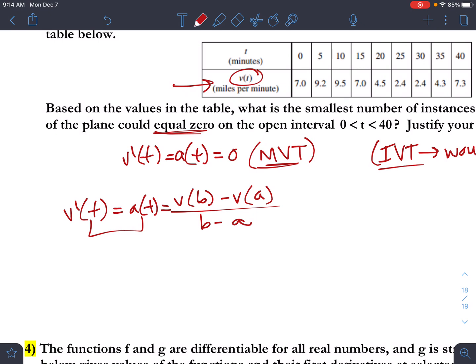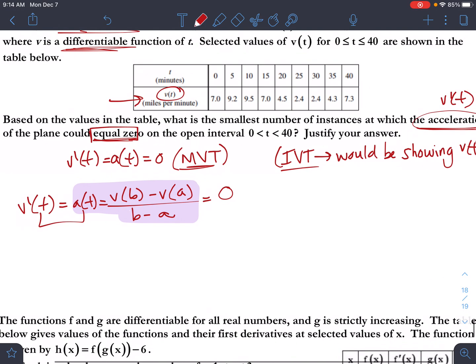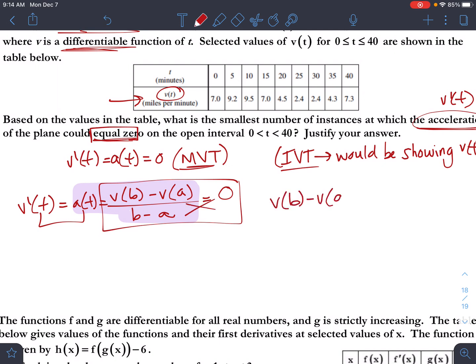And right here, we are wondering, when is this equal to 0? It says how many times would acceleration equal 0? We're given information about velocity, so we're going to use this table. If you set this fraction equal to 0 and cross multiplied, it would just be when is v of b minus v of a equal to 0, because the denominator would be irrelevant.